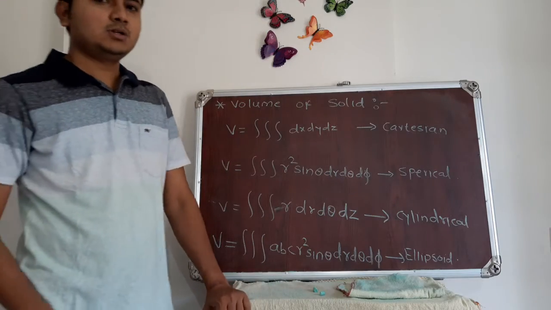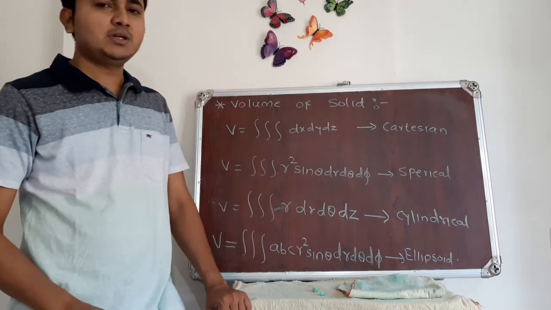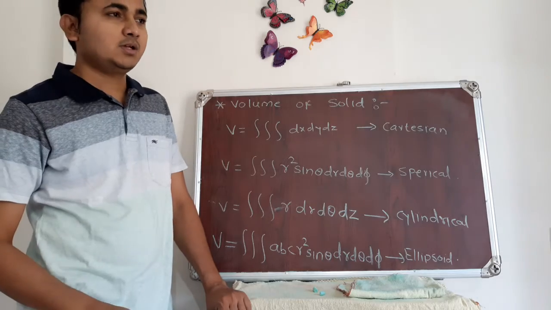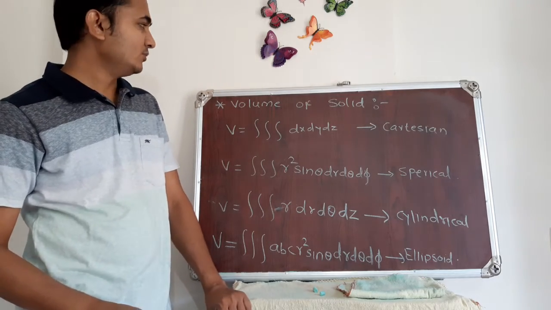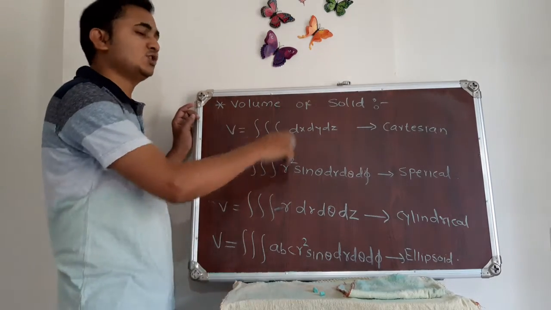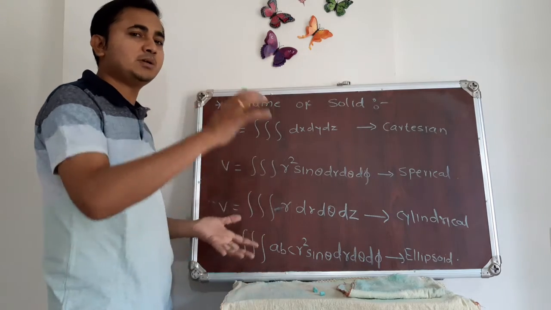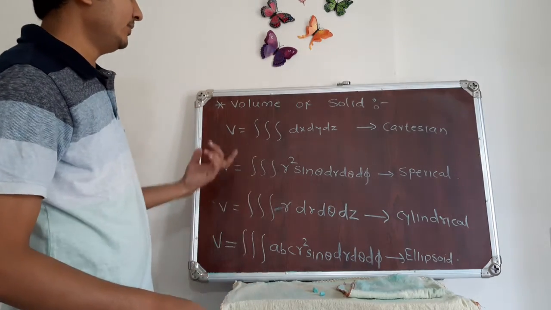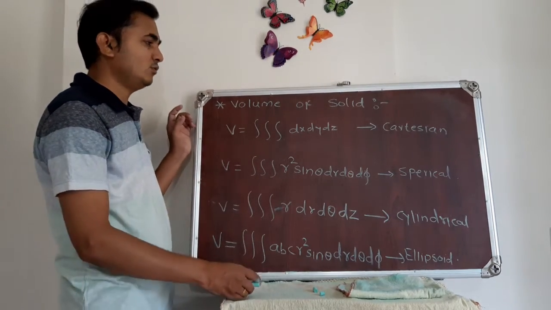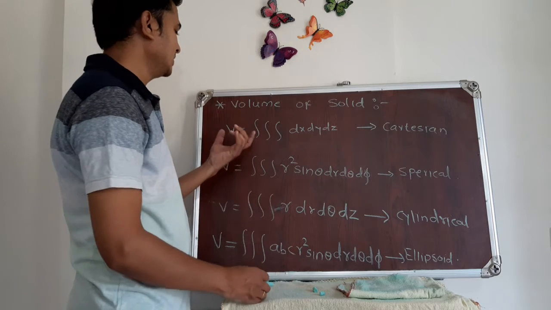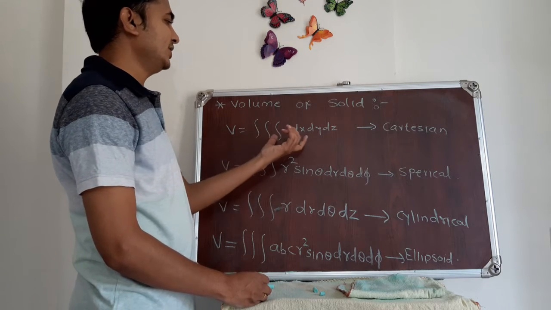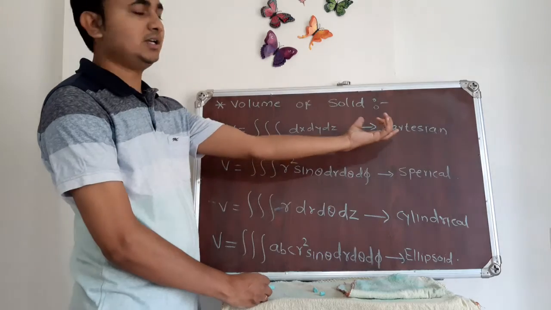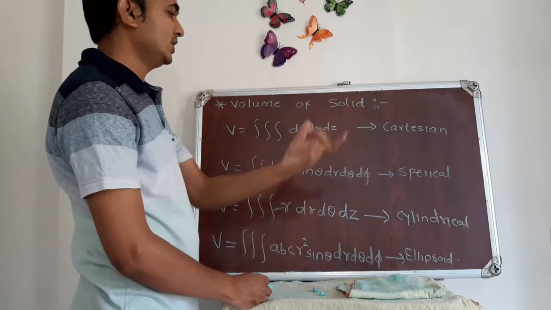Good morning, students. Moving on to the next concept of triple integration: the application of triple integration to find the volume of a solid, the volume bounded by surfaces. The definition of volume bounded by surfaces is the triple integral of dx dy dz in Cartesian coordinates, if your curve is Cartesian.